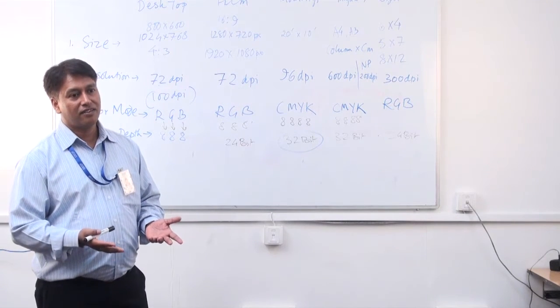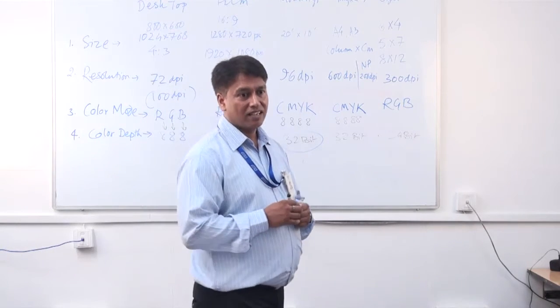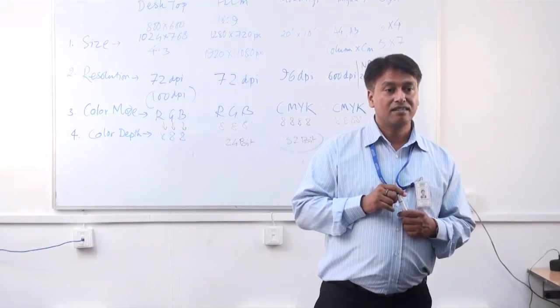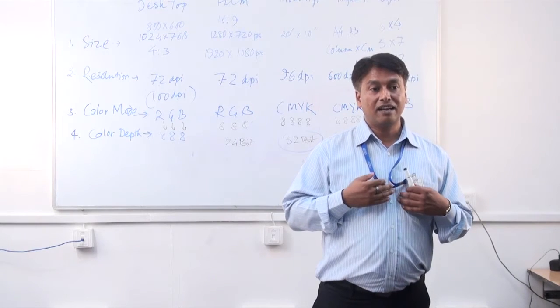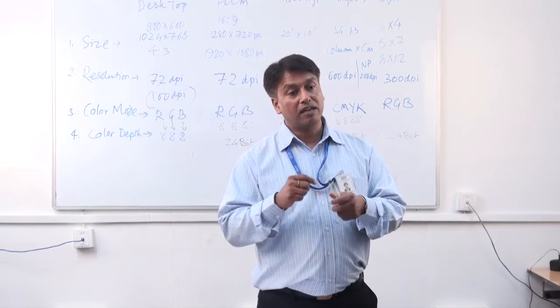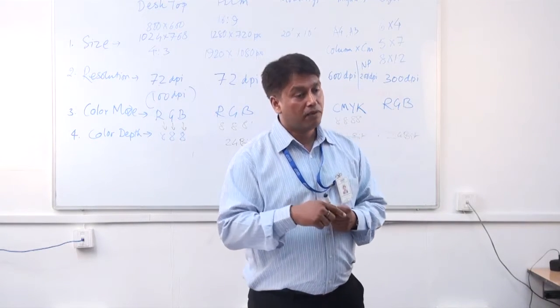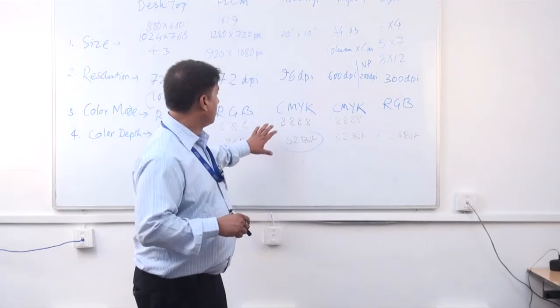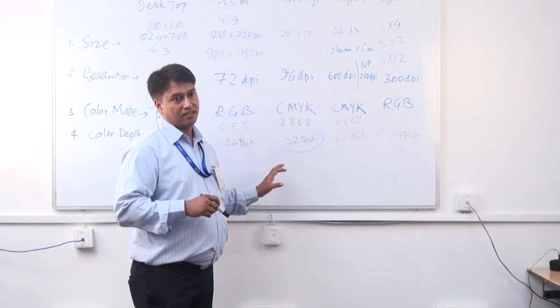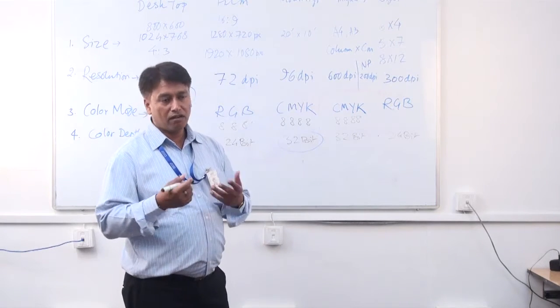Sir, what is the use of making 16.7 million colors if you only see 9 million colors? We can see 9 million colors, but computers calculate everything in 2 to the power only. So 2 to the power 24 is the calculation part of that machine. That's why it shows 16.7 million colors, but we cannot see it.